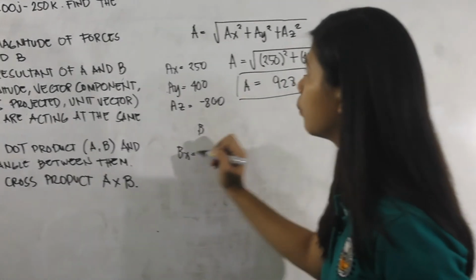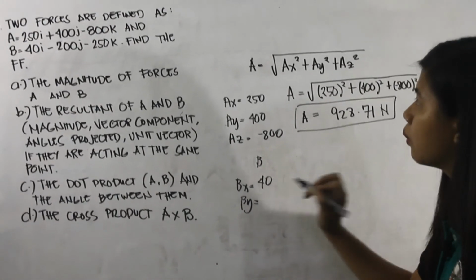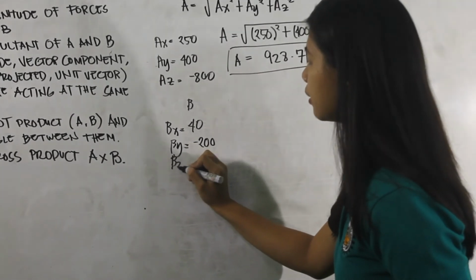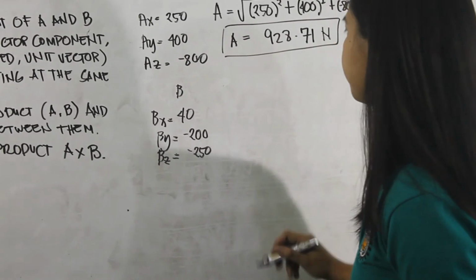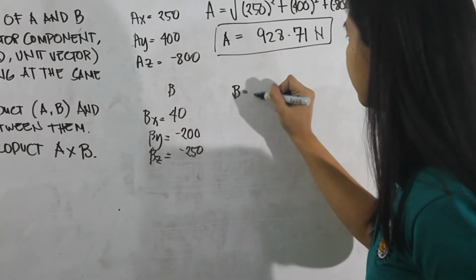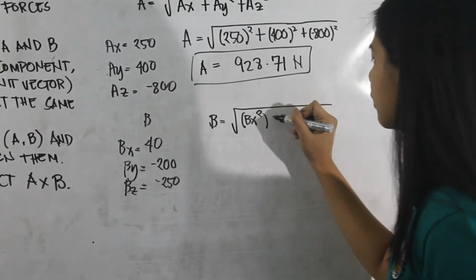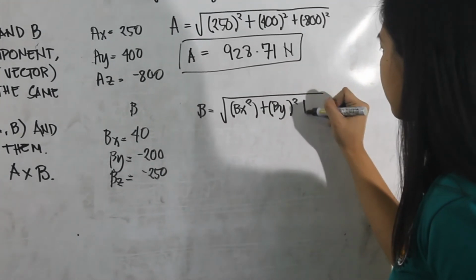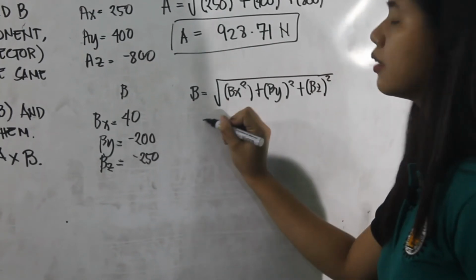And for B, our Bx will be 40, our By will be negative 200, and our Bz is negative 250. And we have for B, the square root of Bx squared plus By squared plus Bz squared.